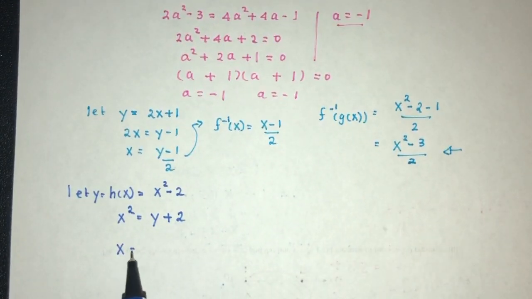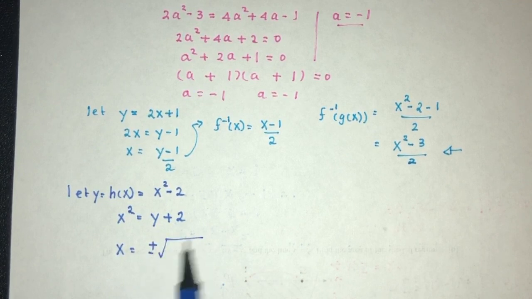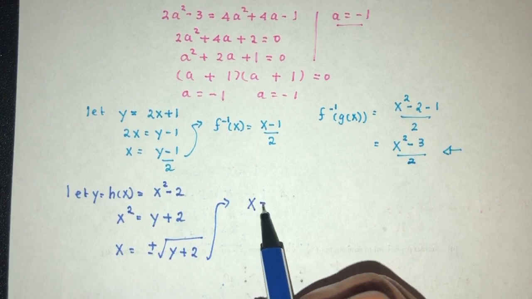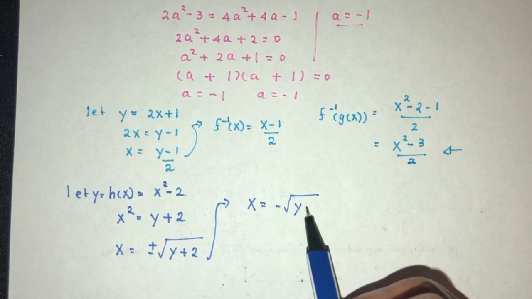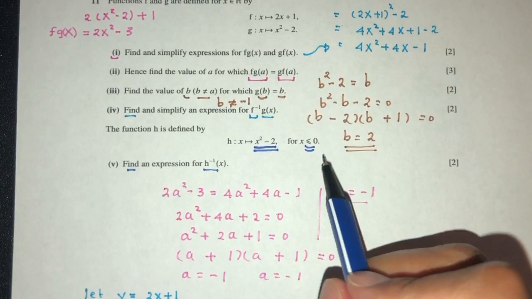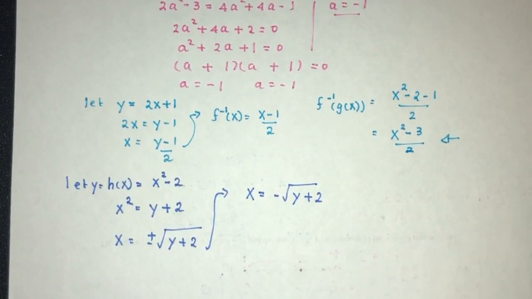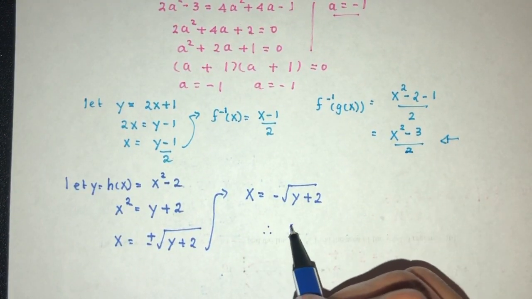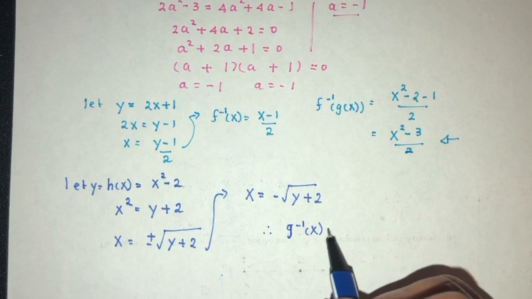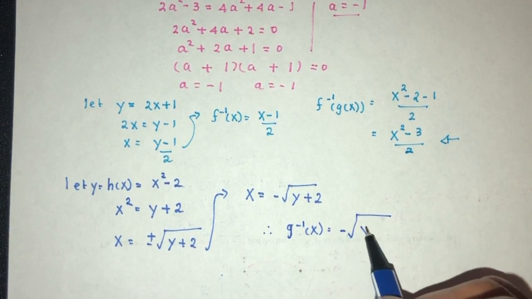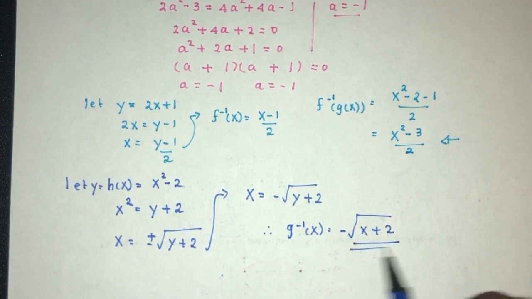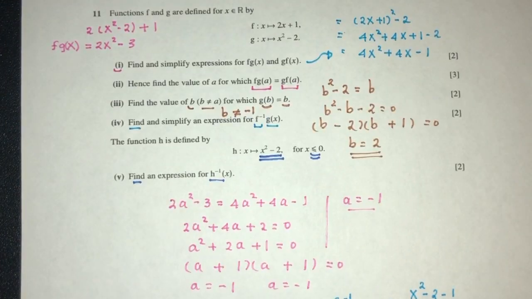So x will be plus minus root of y plus 2. However, here we understand that x is defined for the negative region. X is less than 0, so that's why we take minus. So finally, g inverse of x should be minus root of x plus 2. And that will be your question number 5 for functions.